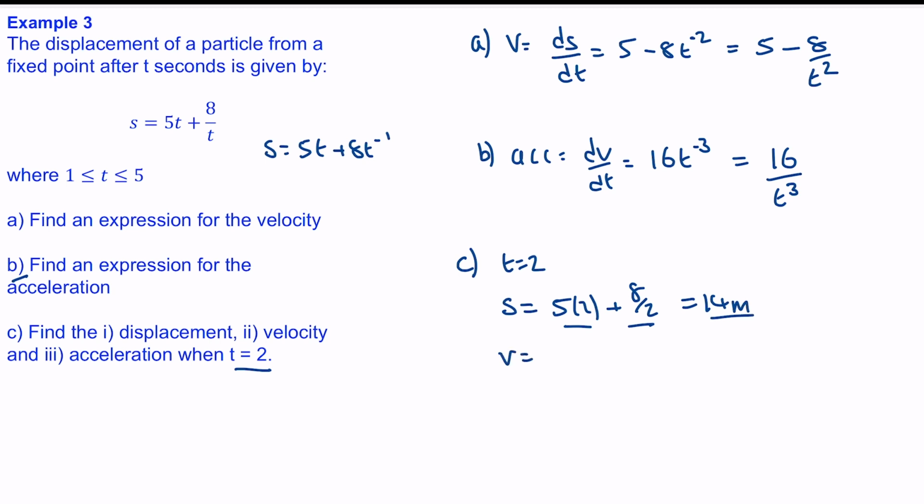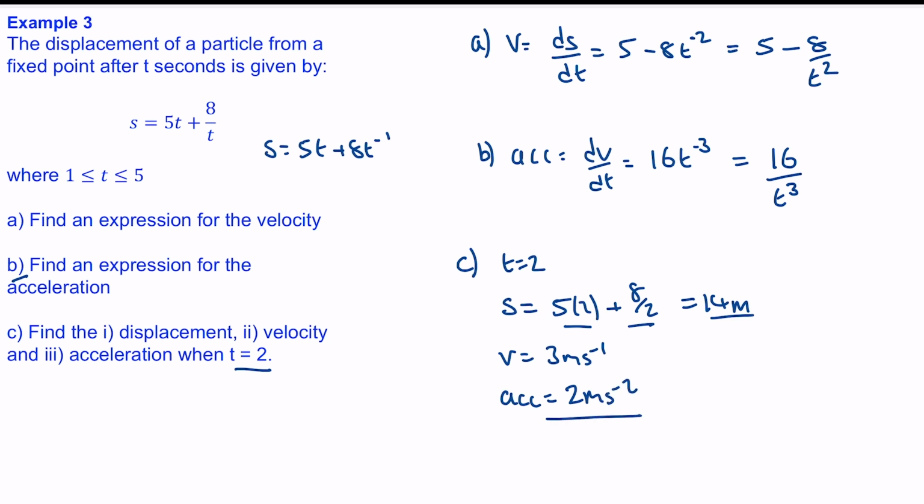And the velocity will have the t in here, so 5 minus 8 divided by 4. 5 minus 2 gives us 3 meters per second. And for the acceleration, we'll substitute 2 in here. 2 cubed is 8. 16 divided by 8 is 2. So 2 meters per second squared.